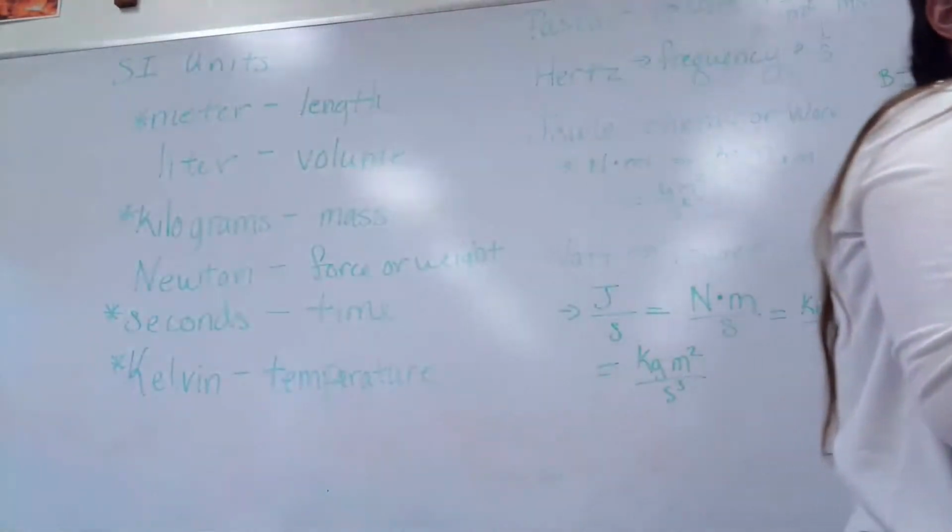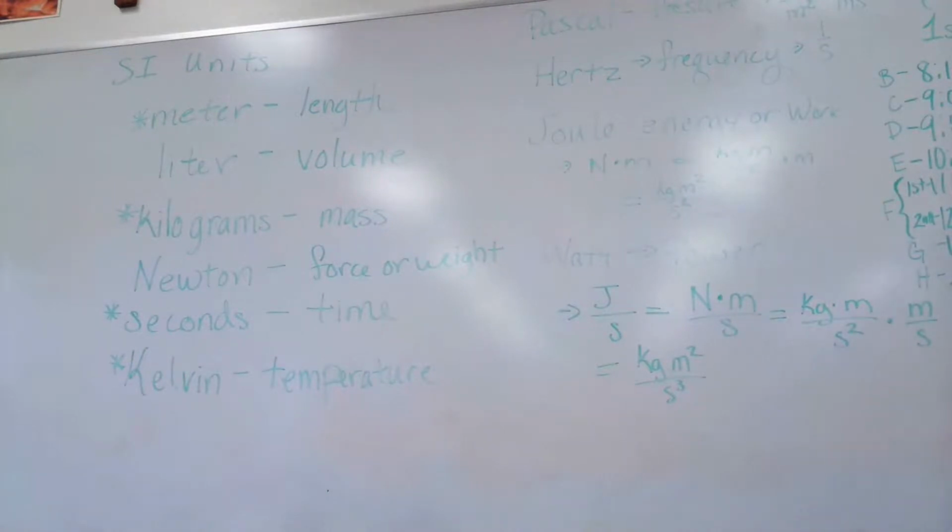There are some pretty weird ones out there. One of my favorites is the slug, which is a unit of mass. It's an Old English unit of mass. That goes with like leagues and other values like that. People in Britain still use a few measurements that we don't. Actually, it's technically weight.